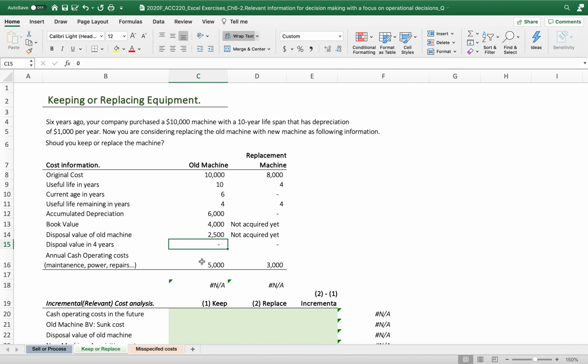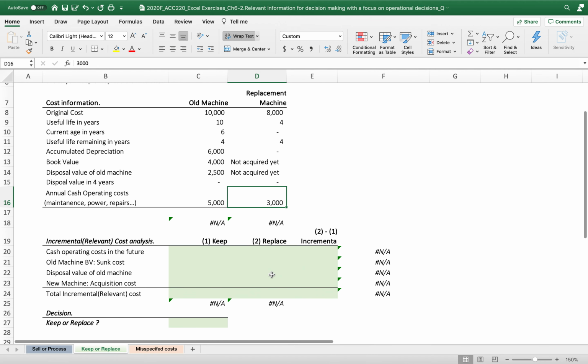Annual cash operating cost, such as maintenance, power, or repair cost, is $5,000. For the replacement, the book value is not acquired yet, the disposal value is not acquired yet, and the expected annual cash operating cost is $3,000.